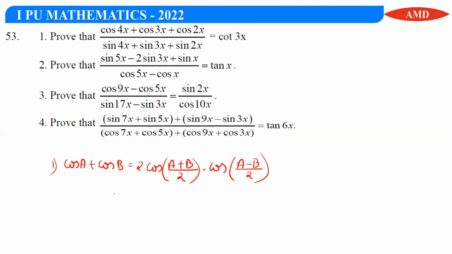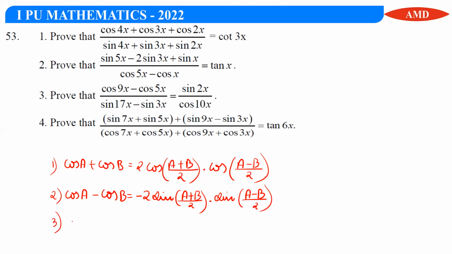Then we have the second formula as cos A minus cos B. This is one of the unique formulas we have, that is minus 2 times sine of (A plus B) by 2 into sine of (A minus B) by 2.